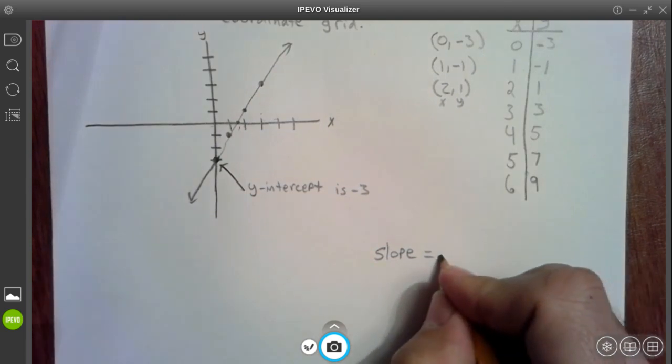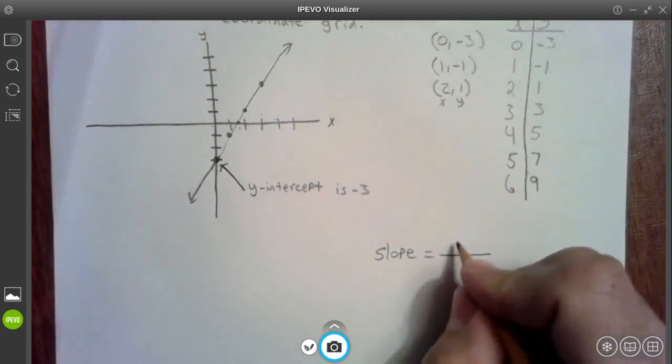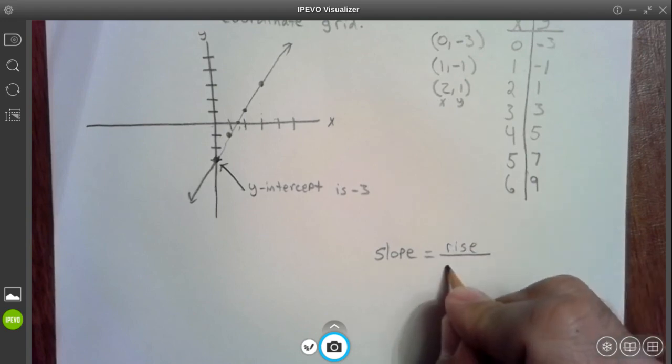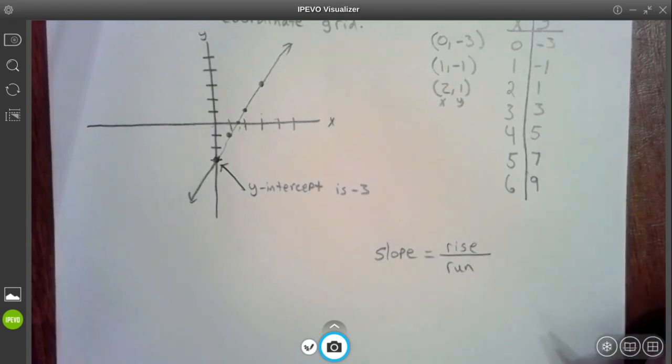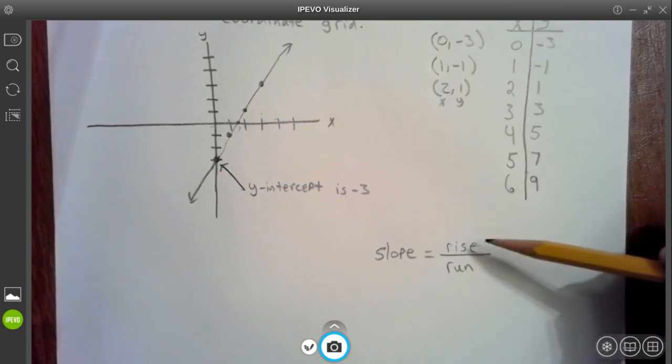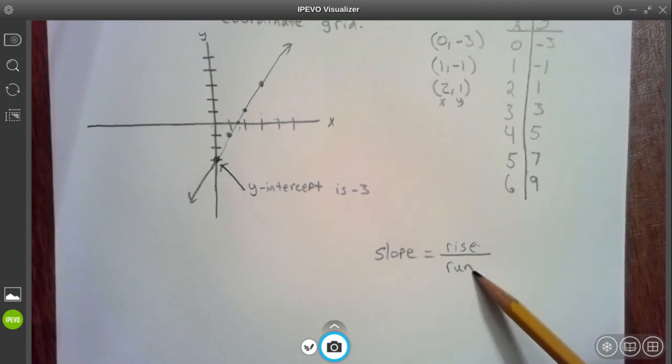To figure out the slope, what you need to look for is, well, they call it the rise over the run. It's how the y values, or how the up and down is changing, compared to how the left and right is changing, the x values.